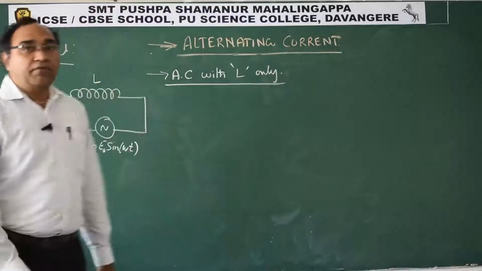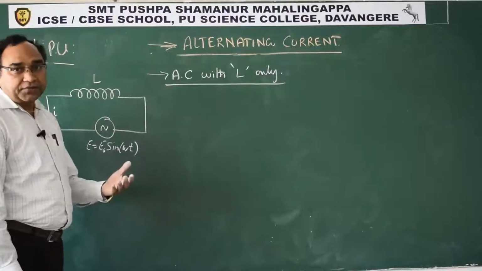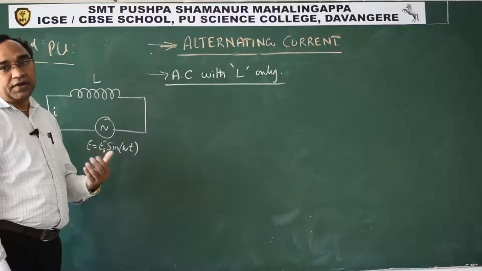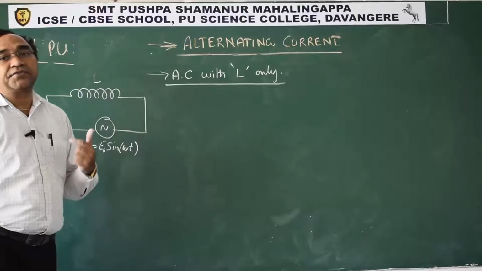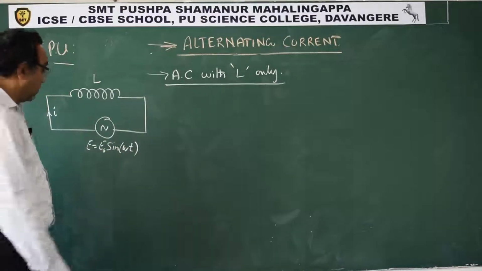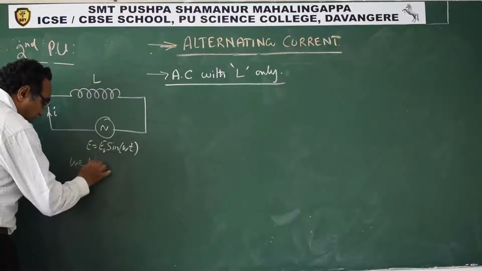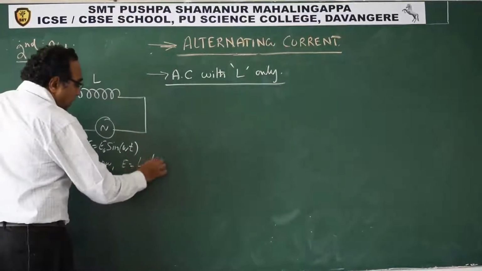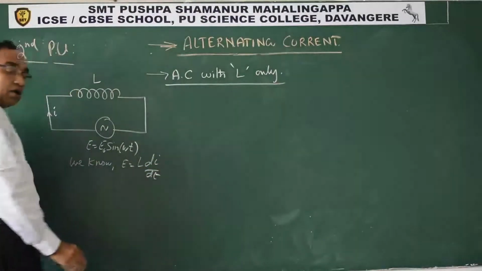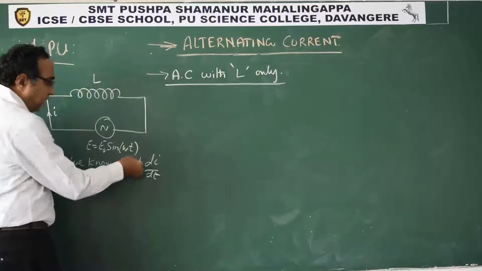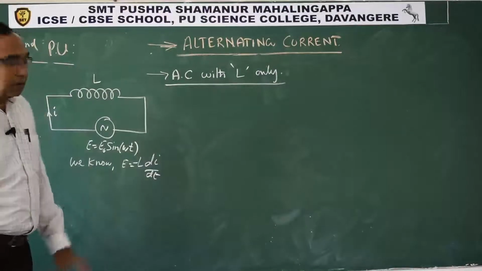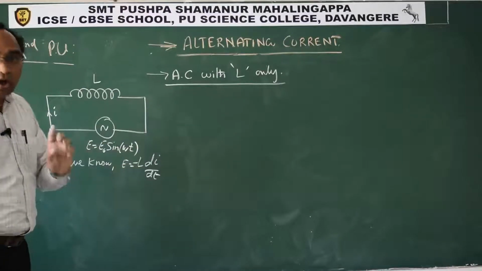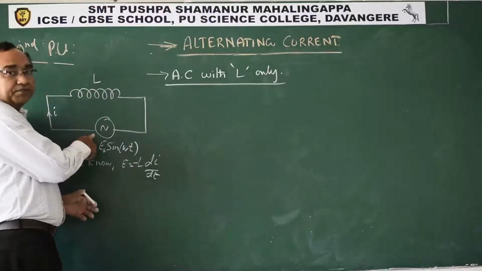So here we will use the concept of electromagnetic induction, where we have found out that EMF induced across an inductor is given by minus L di by dt. So we know E is equal to the magnitude of L di by dt, or you can use minus of L di by dt. Here the minus sign is not relevant because this is not a DC.